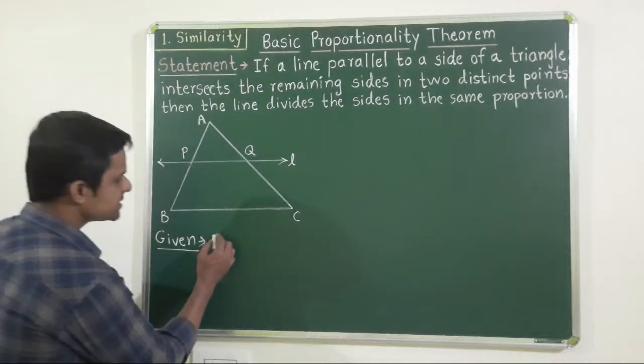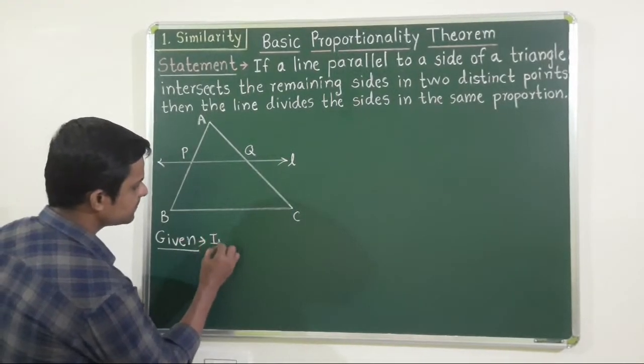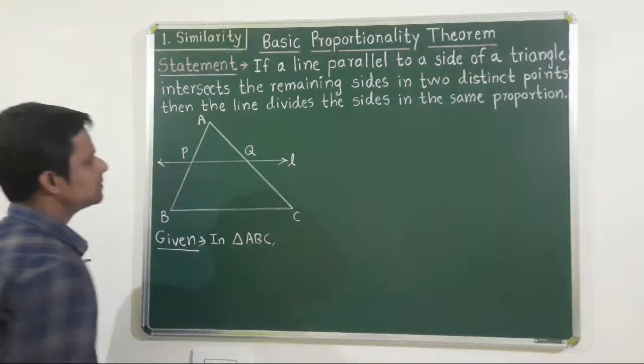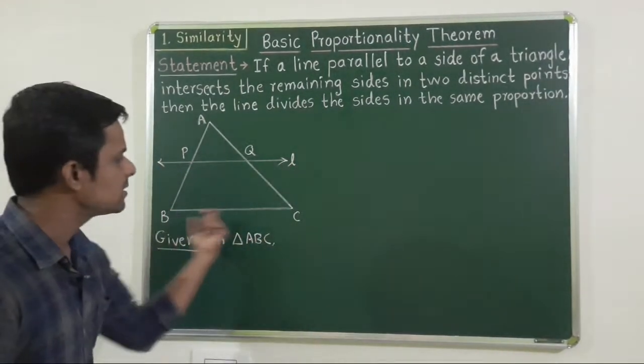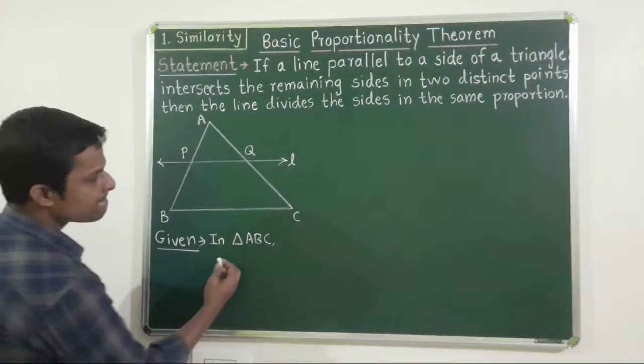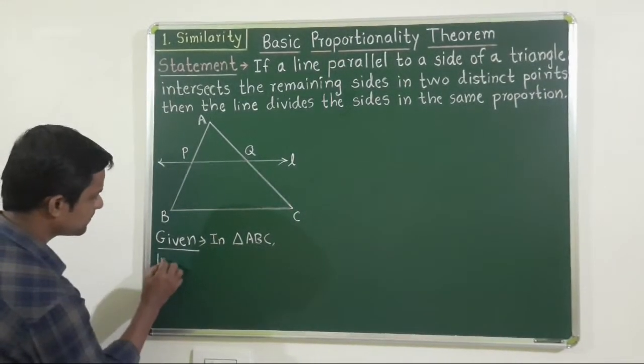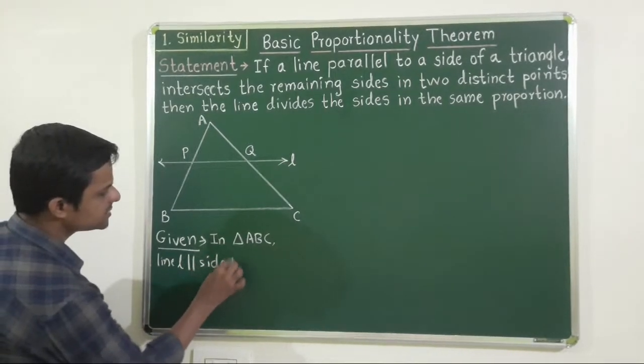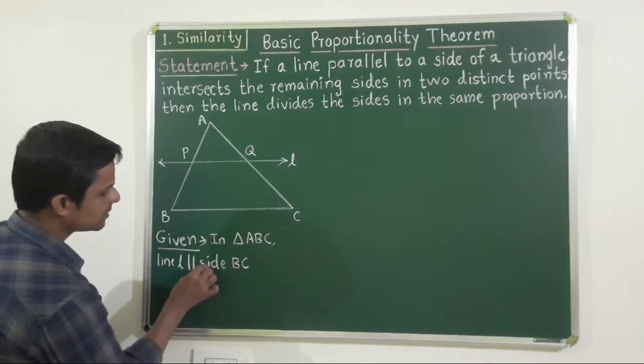What is given? In triangle ABC, line L is parallel to side BC. This is given.